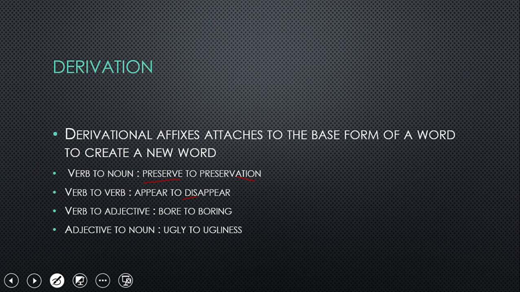If I add ing, the word would be boring, and it would become an adjective. Then comes ugly. If I add ness to it, it would change its category, and a new word would be formed. So ugly to ugliness. So that's all from today's lecture.